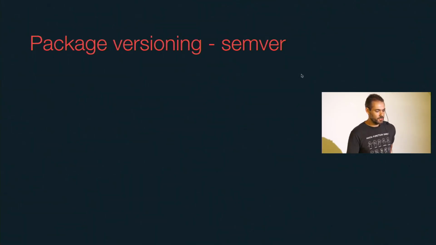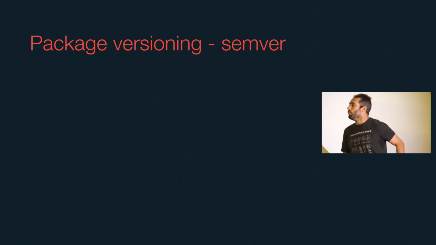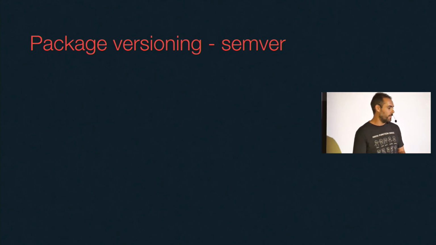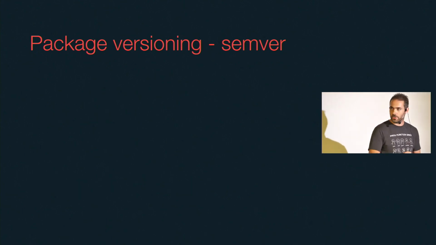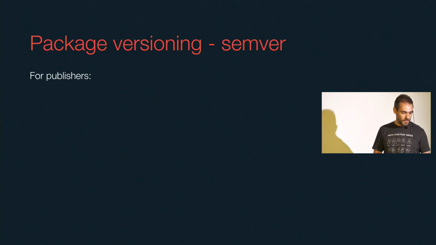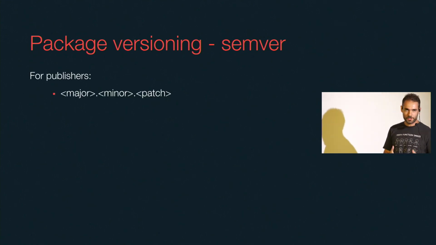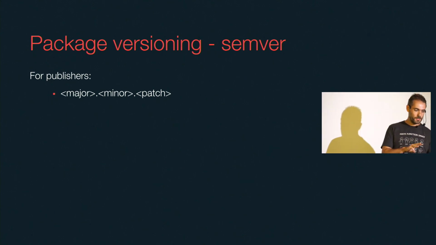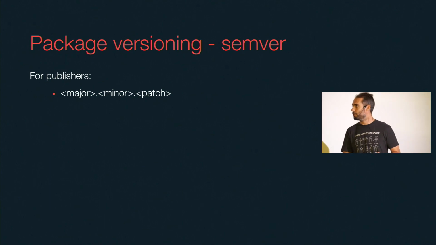Let's switch to versioning. When you publish a module, you should specify its version. When you consume a module, you should specify its version. And npm uses something called semver, semantic versioning, for defining modules versions. So if you are a publisher, you publish a module, and you start with some version. It should be like 3 numbers, major, minor, patch.